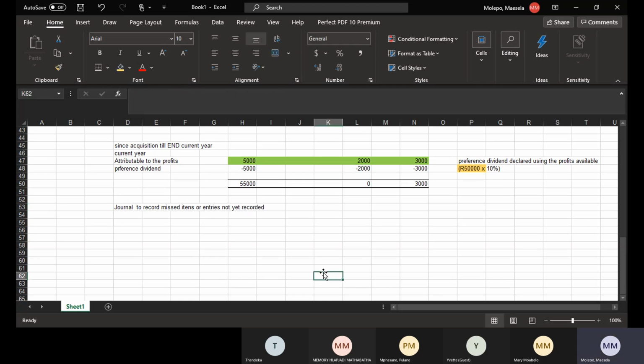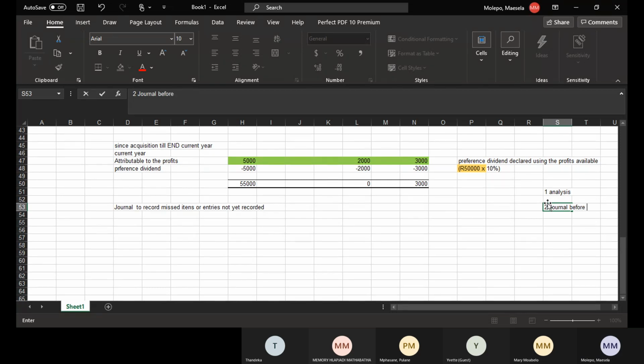Let me deviate a little bit. The basis of answering this question of the consolidations, mostly: first, it will be your analysis. Two will be the journal before consolidations. Then three will be your consolidation journals, which we call pro forma journals.